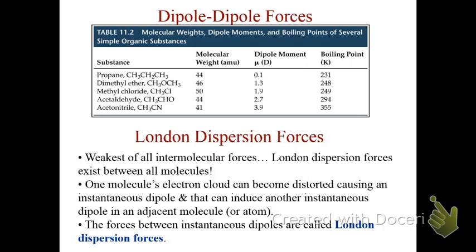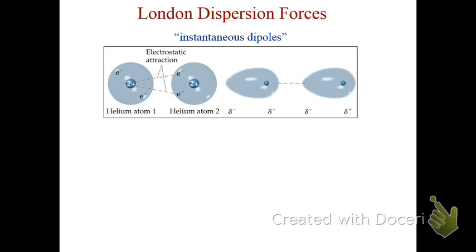The forces between instantaneous dipoles, of course, are London dispersion forces, which I believe it is again okay to abbreviate LDF on the actual exam, and we'll go through some examples like this. This is giving you an idea of what's actually happening, using the example of helium. You have two helium atoms, and because of the movements of electrons, you notice here on this side that while helium atom 1 has a balanced approach, in helium atom 2 the electrons have moved from one side to the other.